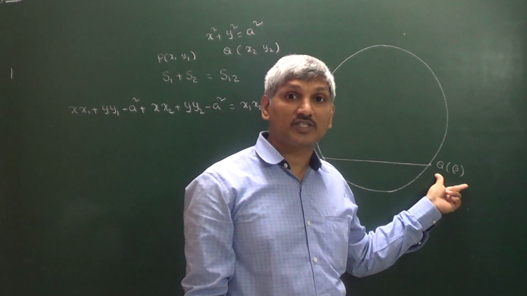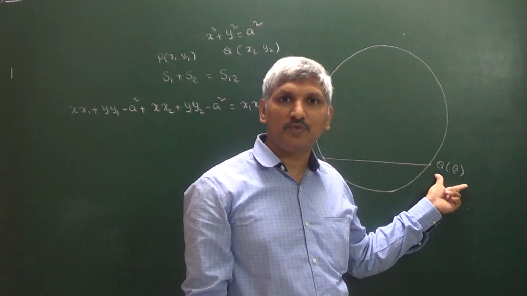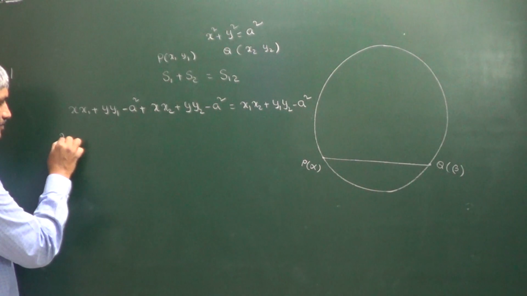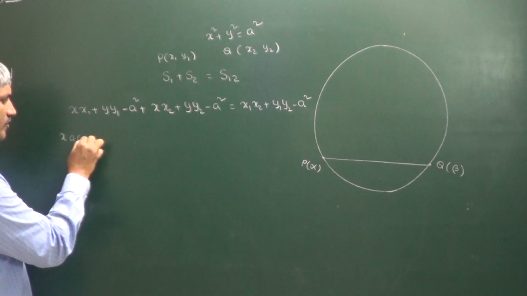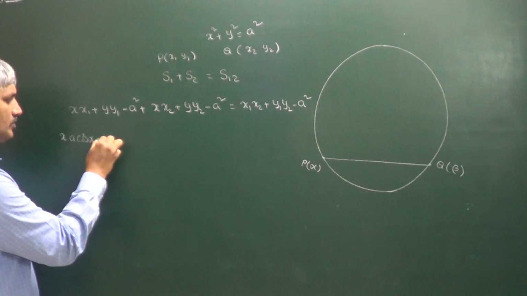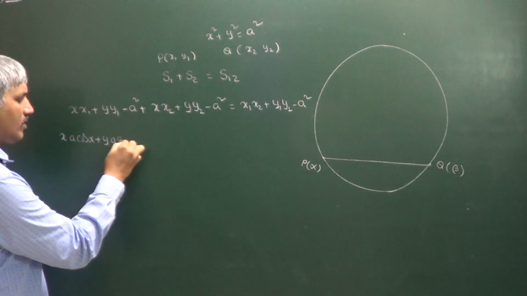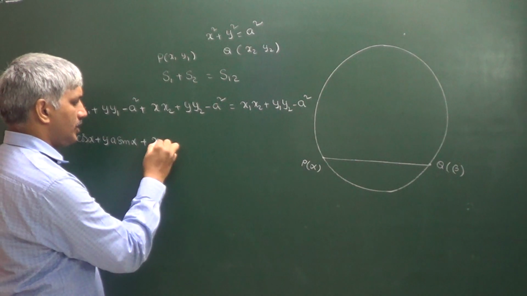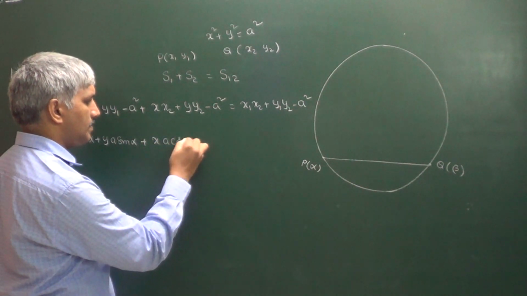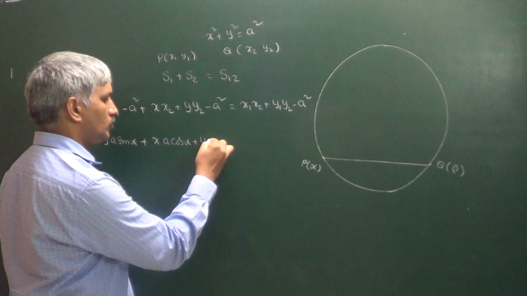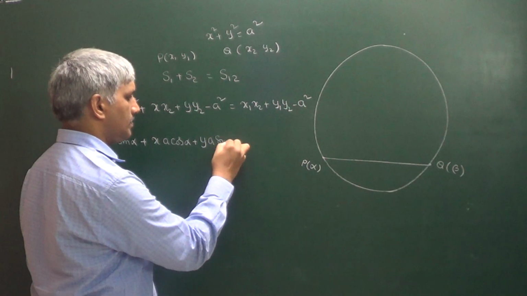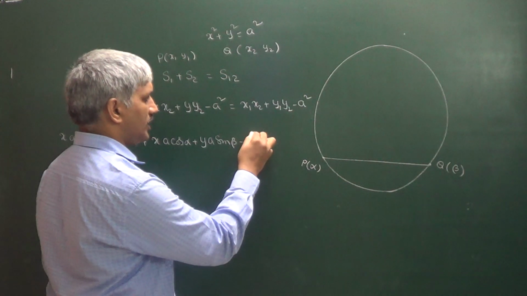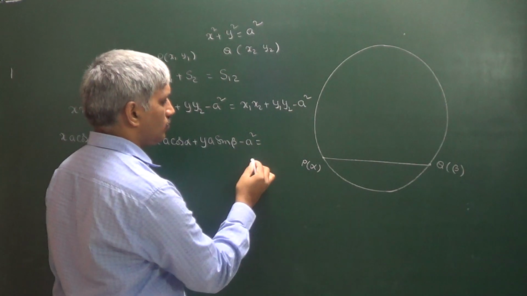In place of x2 y2 we have to write a cos beta comma a sin beta. Then this can be written as x into a cos alpha plus y into a sin alpha plus x into a cos beta plus y into a sin beta, right, minus a square is equal to what we will get.